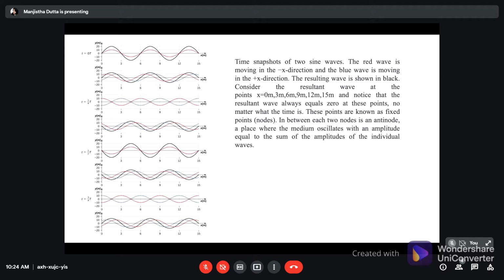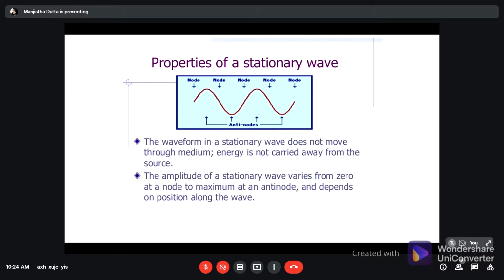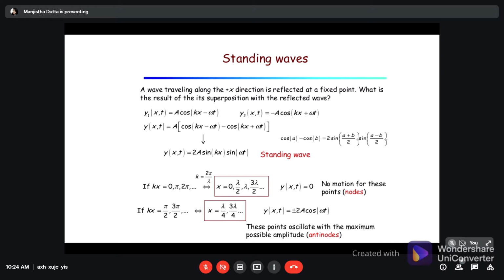So why do we get these points in space, at nodes, why is it always zero displacement? Because of the amplitude part, if we remember, twice sine kx, this part. The amplitude part is zero for these positions.